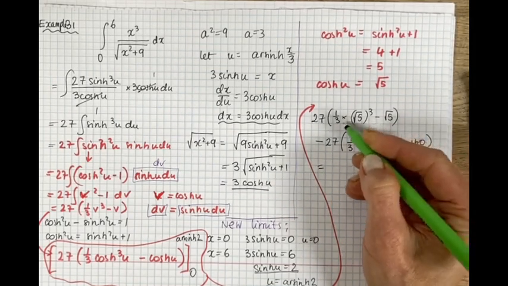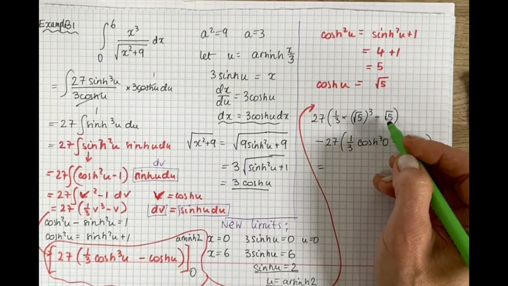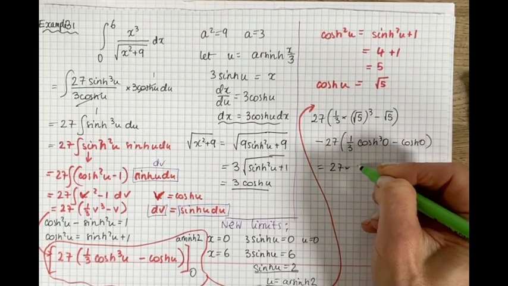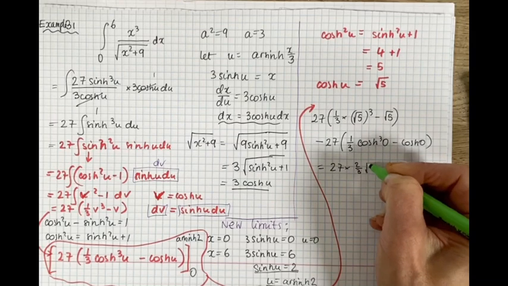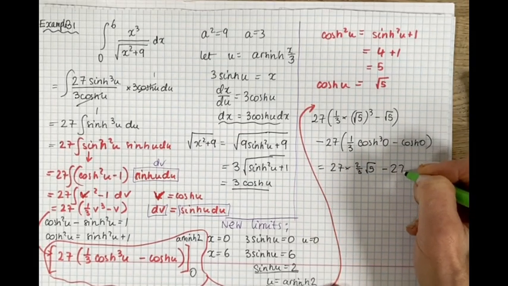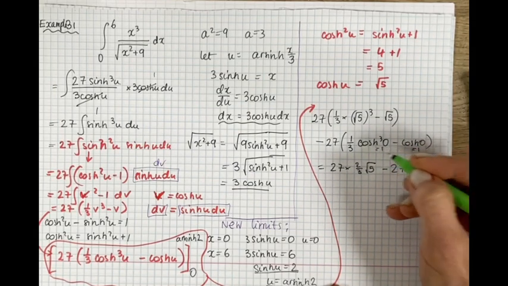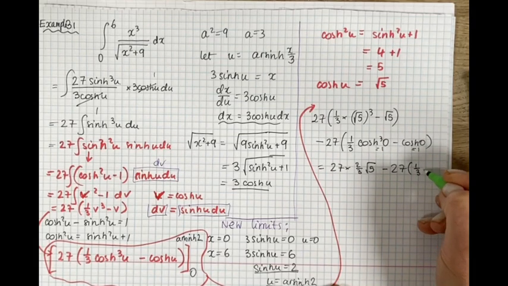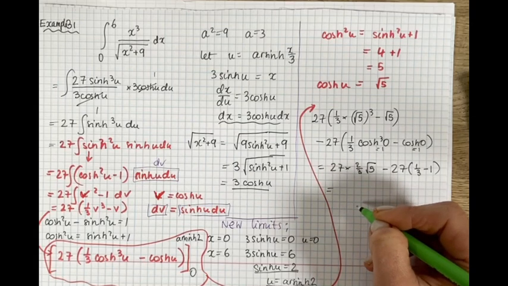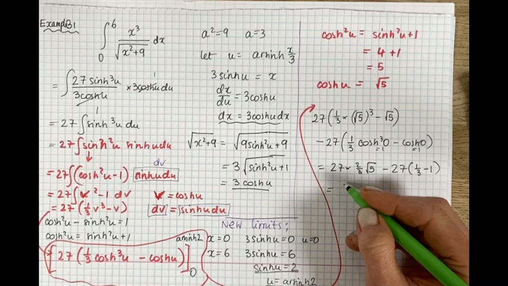Okay, so let's just tidy this one up. That's going to be 5/3 minus 1, so that will give you 2/3. Do it with a calculator as usual. I forgot my calculator. And then minus 27, cosh 0 is 1, so that's going to be a third minus 1. So what have we got? We could cancel those. So it's 27 over 3.